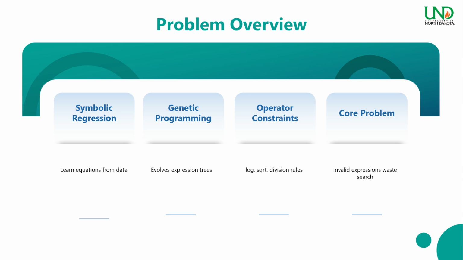We know the ground truth function itself, and then we can measure the exact error from that. And then we can isolate the effect of constraint handling without other variables getting in the way. So it gives us a clean way to study how constraint handling impacts the search process, especially as those constraints start to interact with more complex expressions.